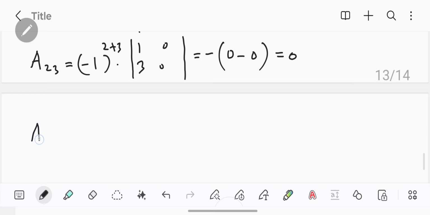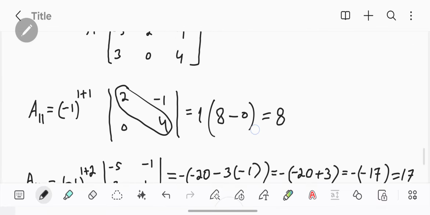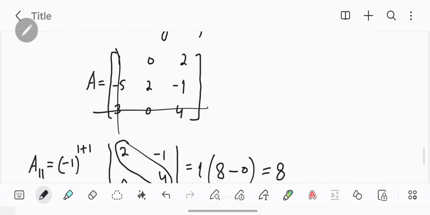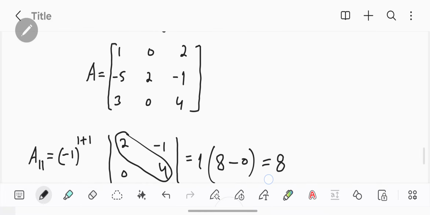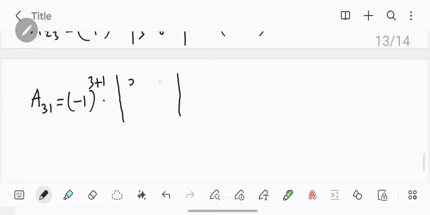Now, I have the cofactor A31, which is just minus 1 to the power 3 plus 1 times the determinant of the submatrix obtained by deleting the third row and the first column of the matrix, which is this matrix. This matrix is 0, 2 and 2, minus 1.